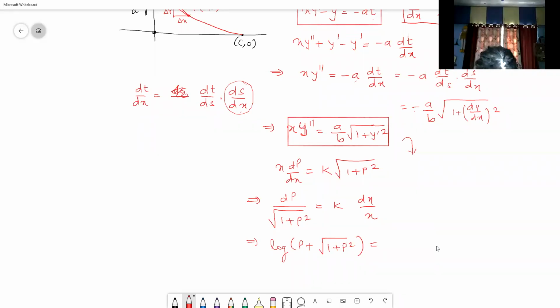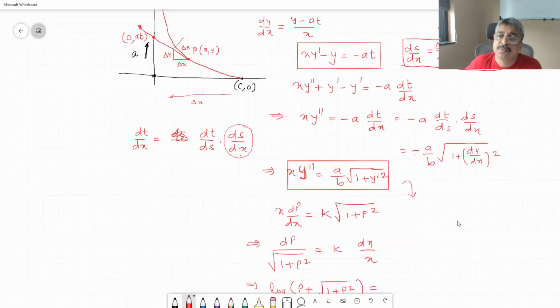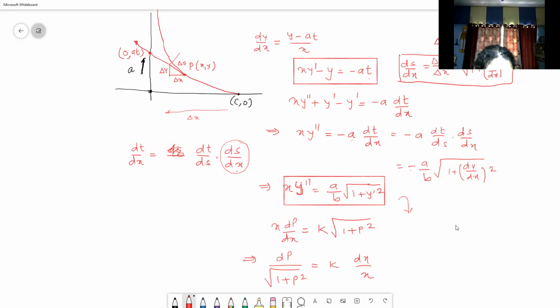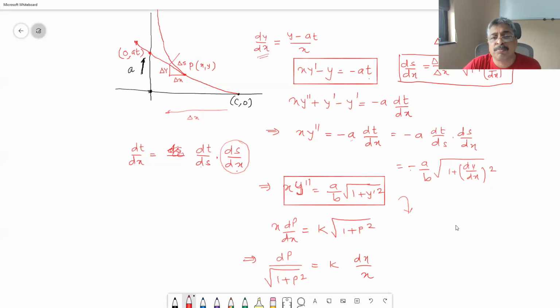That is what is the idea in the physical sense. Sir, but in the first step, when we took y minus 80, haven't we already considered that? In the first step, when we considered dy by dx, that is just the slope of that line.